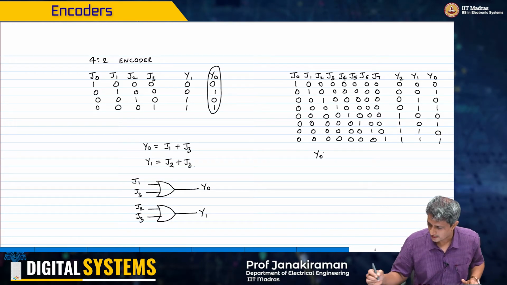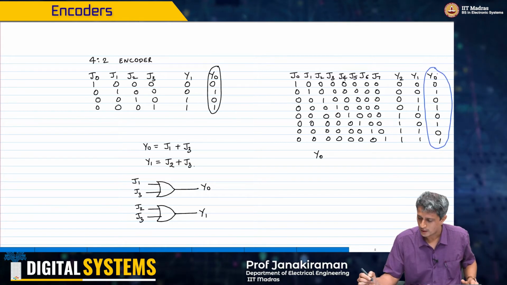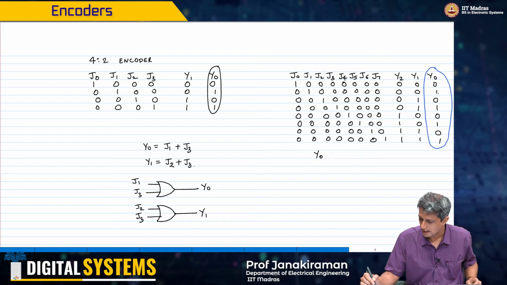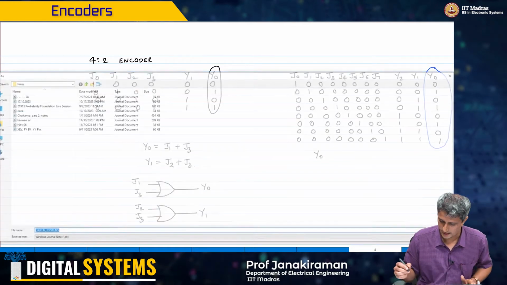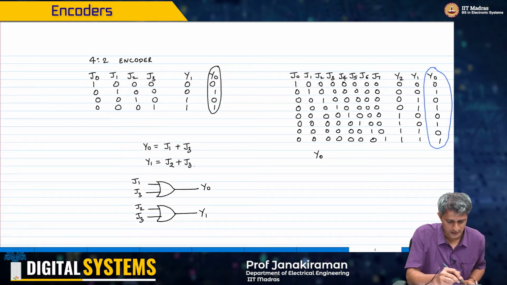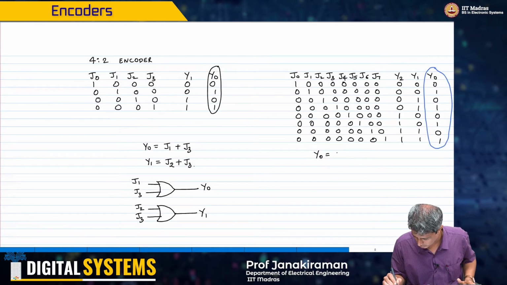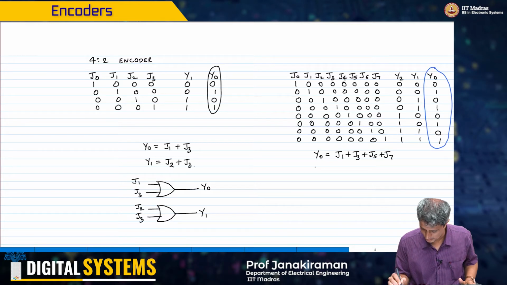So now the question is Y0 in this case, right? If you again look at just Y0, it goes high if the even inputs, that is J1, J3, J5, J7, if any one of them is high, right? And therefore Y0 is J1 plus J3 plus J5 plus J7.